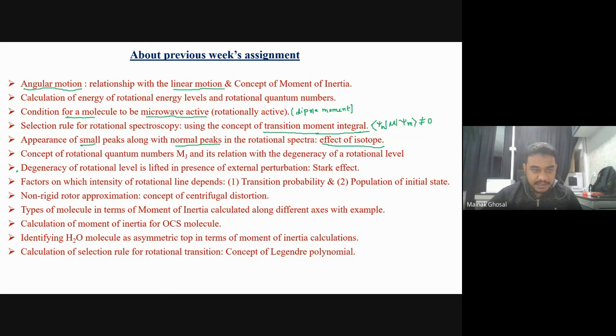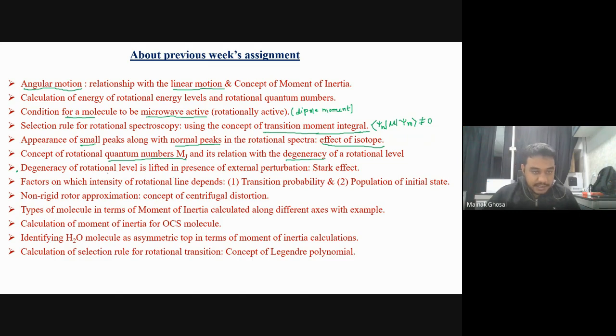Then there was a discussion of the concept of degeneracy. What is degeneracy? And then the quantum number mj, and how it is related to the degeneracy of a rotational level. Degeneracy is given by 2J plus 1, where J is the rotational quantum number.